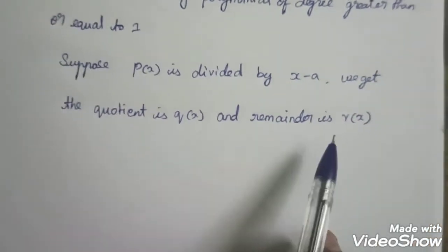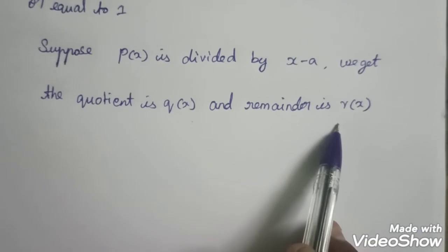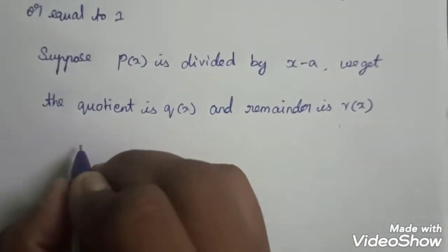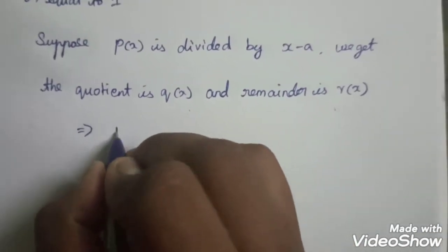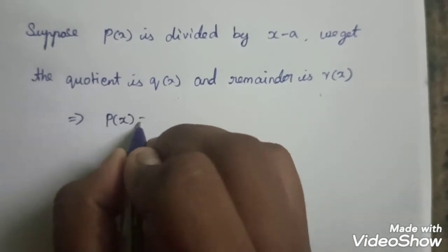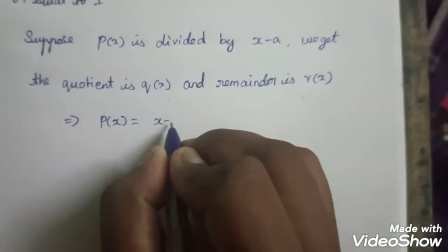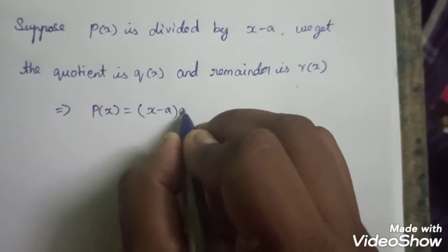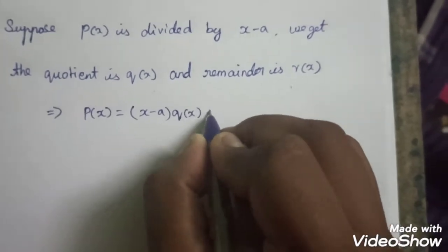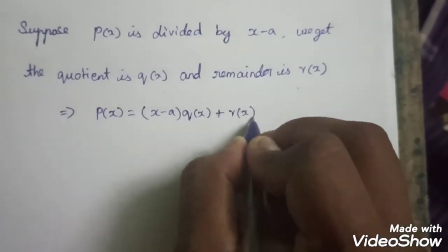So q of x and r of x are the quotient and remainder, which implies that p of x is equal to x minus a into q of x plus r of x.